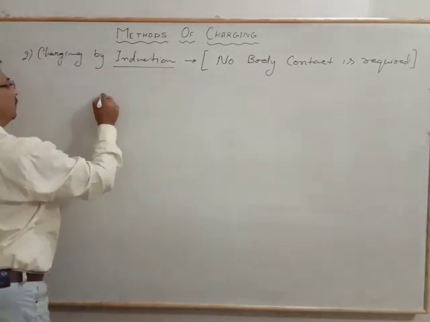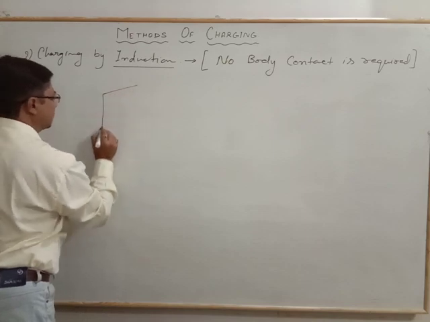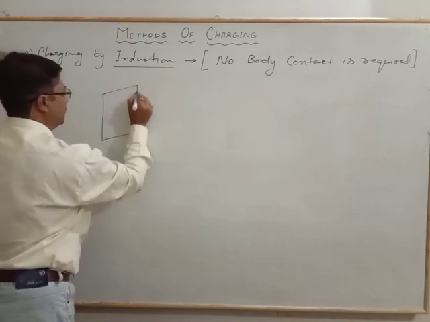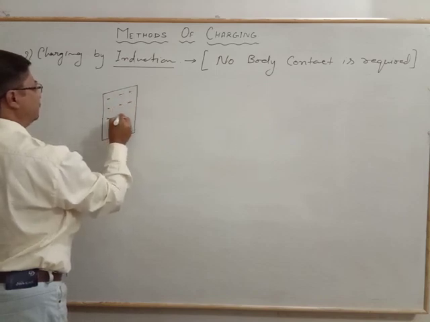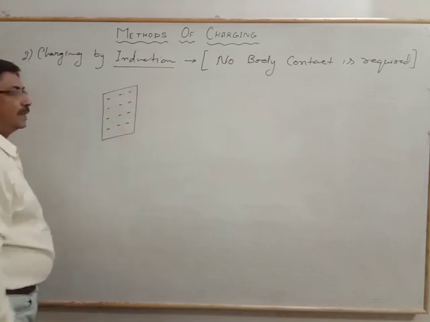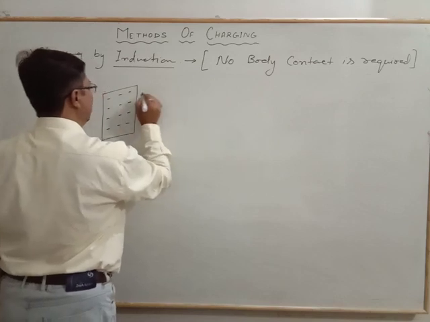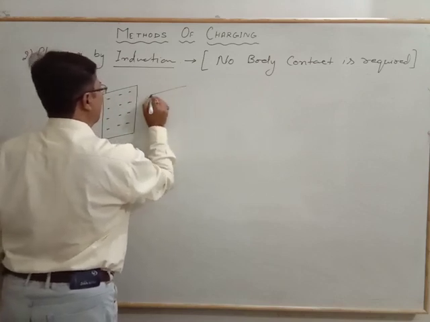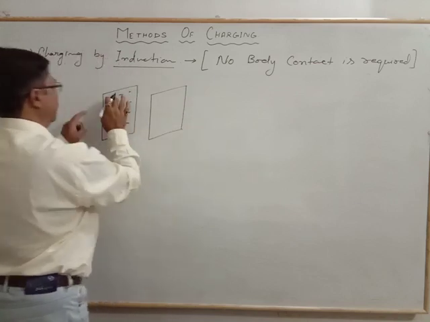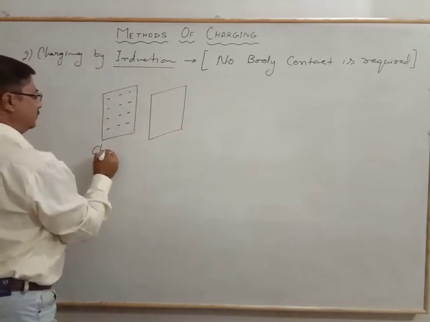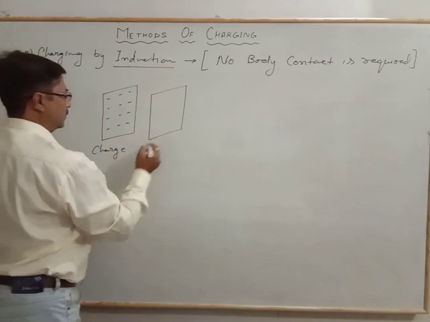Let's suppose one plate is here and that plate is the charged plate. Let's suppose this charge is negative. And another plate, which is uncharged, is brought near the charged plate.